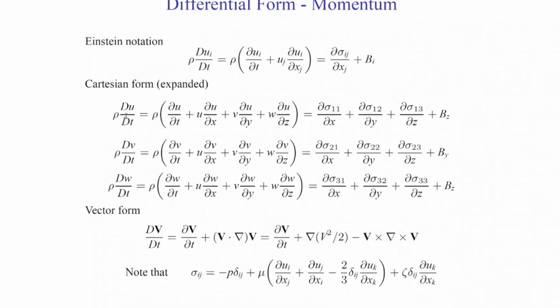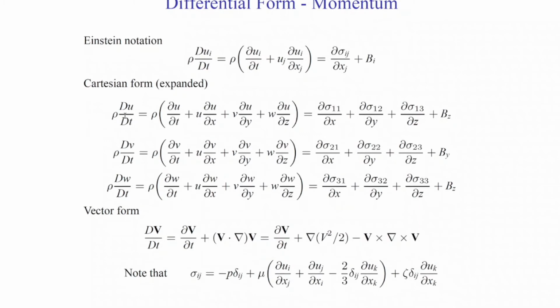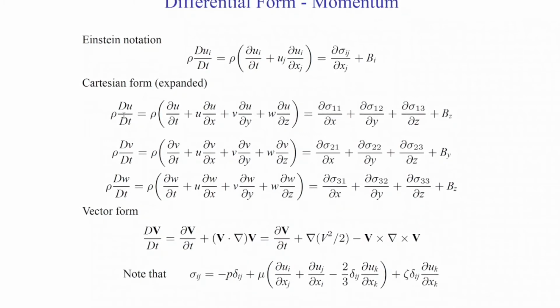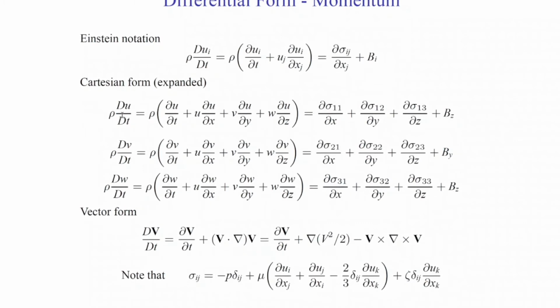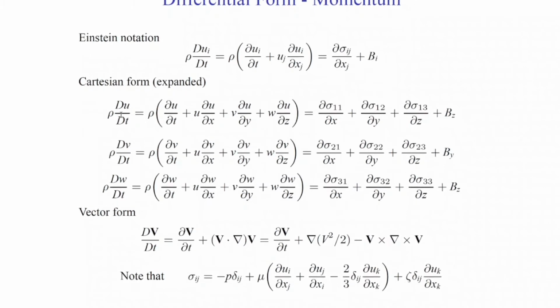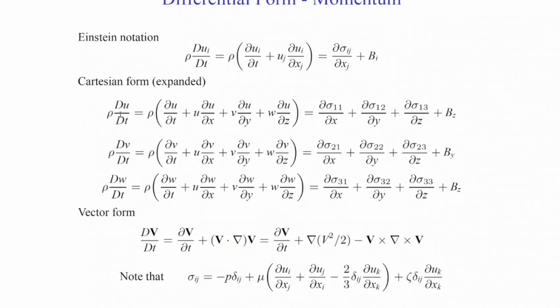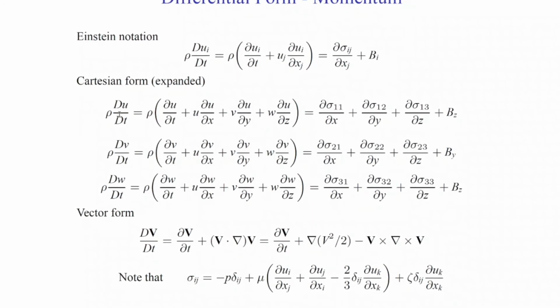The i is alone. The j's are the dummy indices. Recall the momentum is a vector quantity. If we set i equals 1, we would get the Cartesian form of the x direction of momentum. i equals 2 would be the y direction, and i equals 3 the z direction. We would sum for a constant i, 1, 2, or 3 for each equation, j from 1 to 3. You can see this down here in the Cartesian form in a minute.